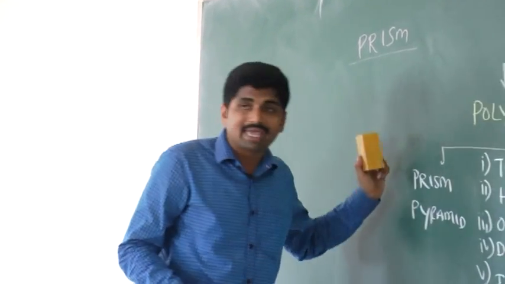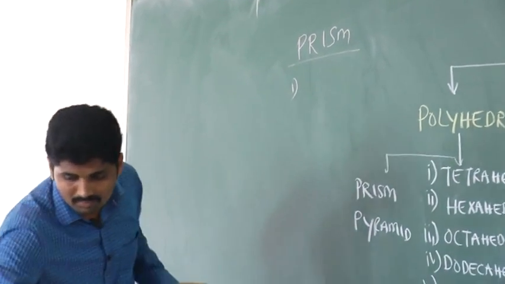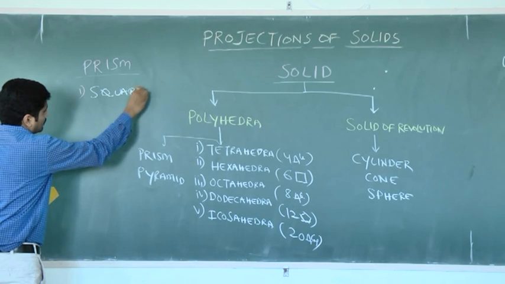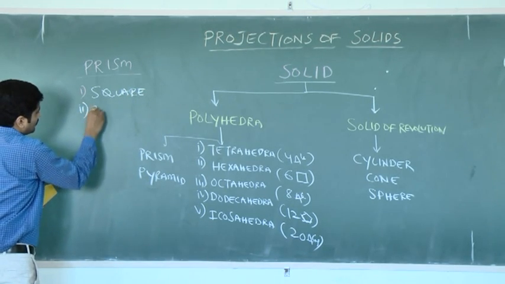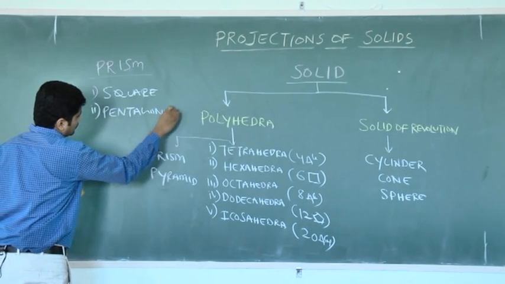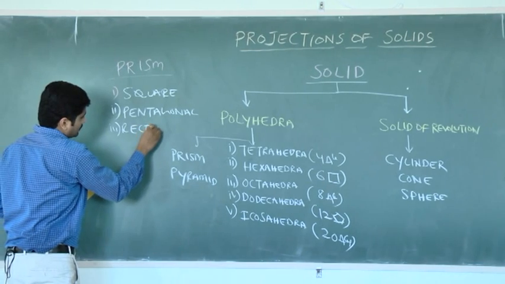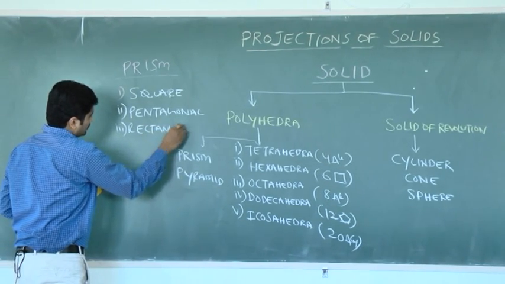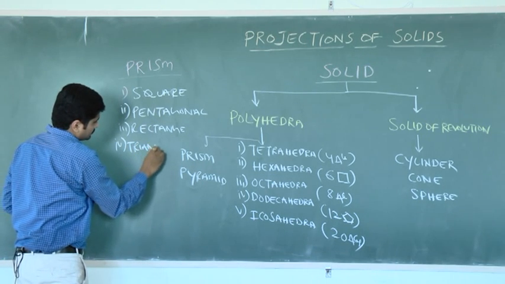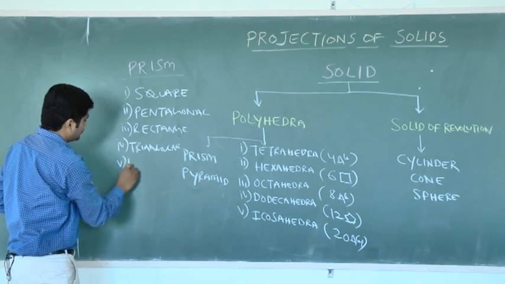In this, prisms are again classified into square prism, pentagonal prism, rectangular, triangular, and hexagonal.